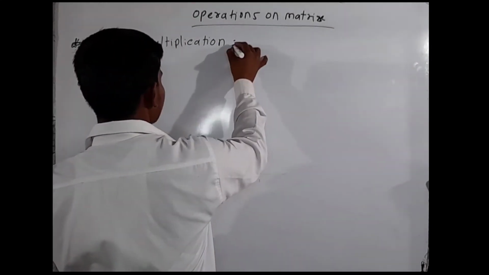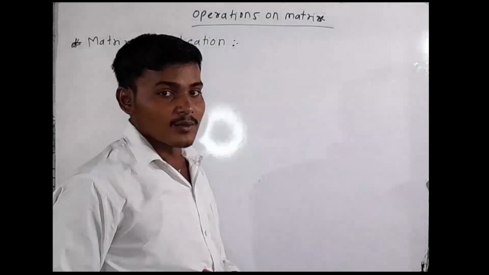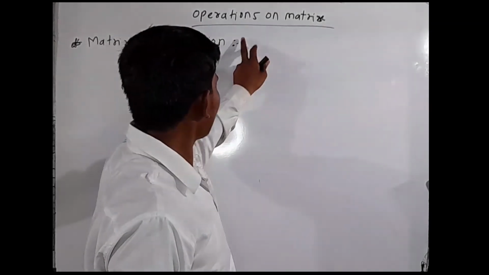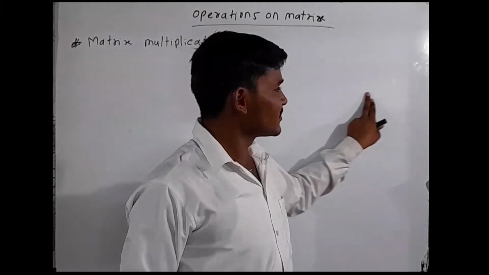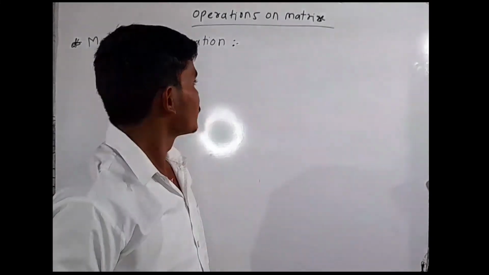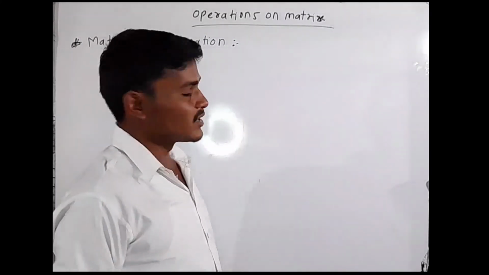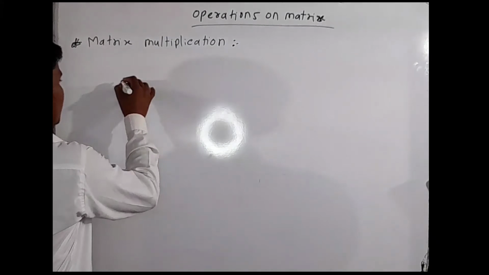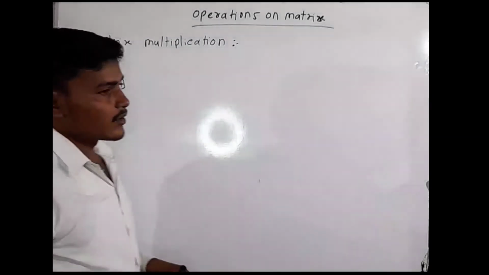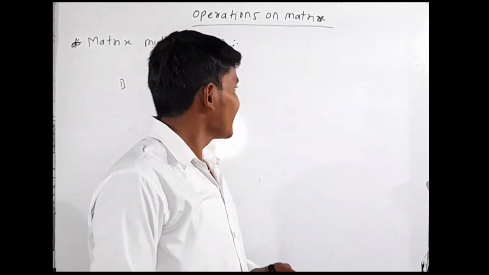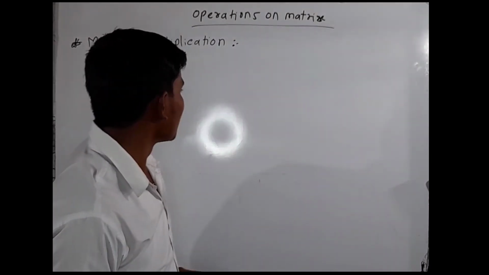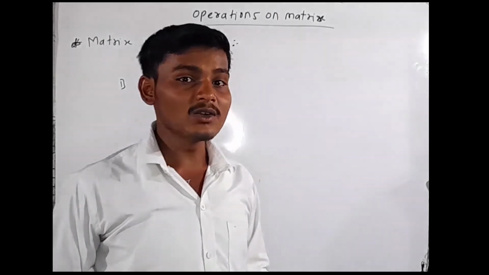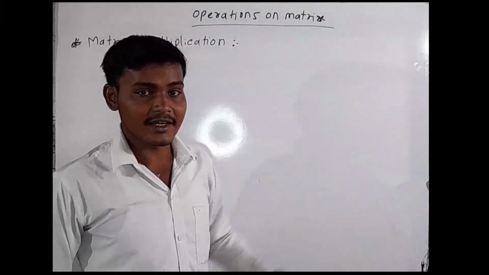While multiplying two matrices, there are some necessary conditions. Let's see what those necessary conditions are. The first condition is, while making matrix multiplication, the number of columns in the first matrix must be equal to the number of rows in the second matrix.